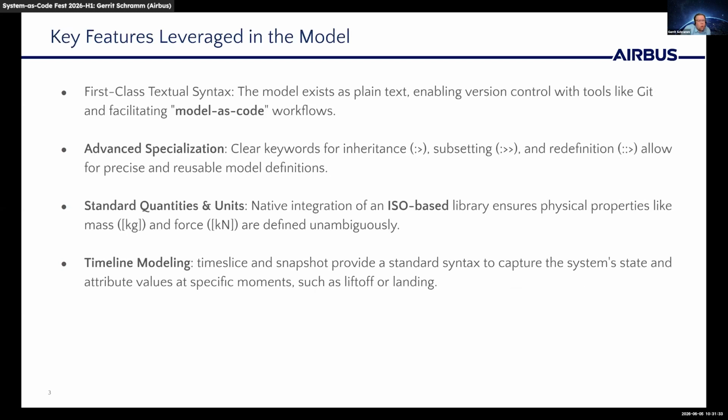What do you find in the model? The key things in the model are, first of all, a fully textual notation. You will find it on GitHub, and it should be compatible with the model-as-code paradigm. We also make vast use of the advanced specialization that ships with SysML v2.